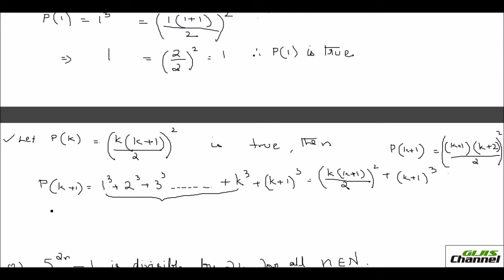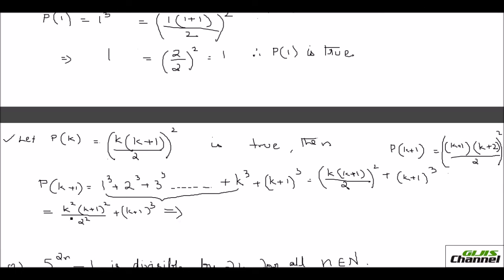So in the next step, I'm just giving the square inside. So it is k squared times (k+1) the whole square over 2 squared. I keep it as 2 squared, plus (k+1) the whole cube. Here I can take the (k+1) whole square out as common.